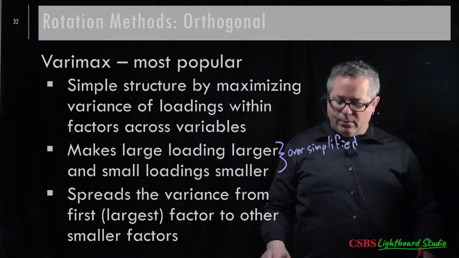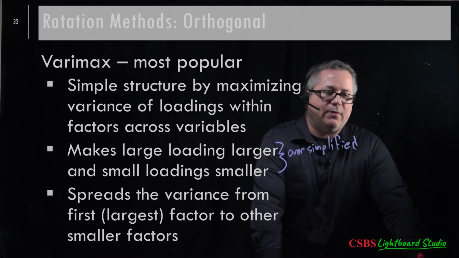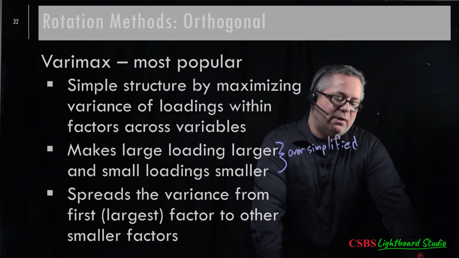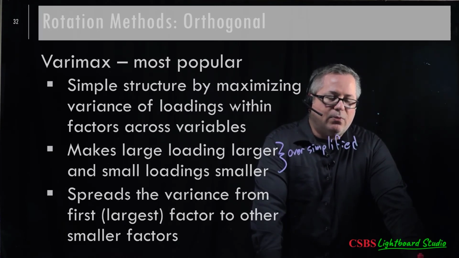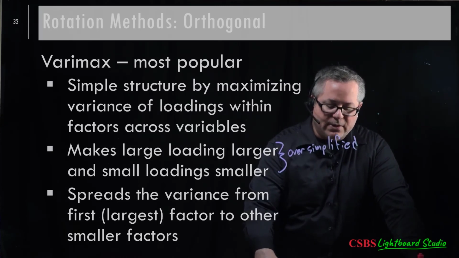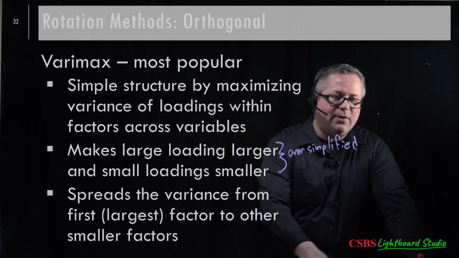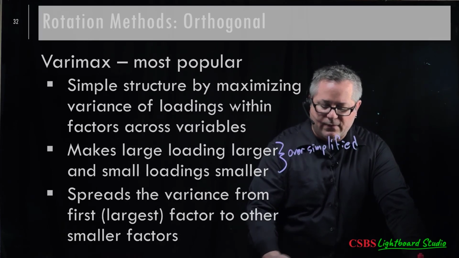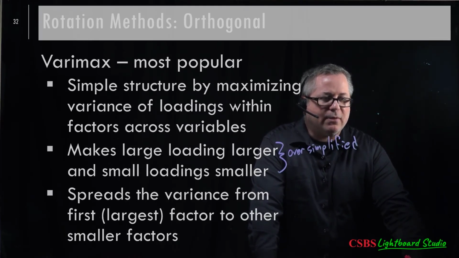When you extract, say, 4 factors, the first one's going to have the most variance, the second one the next, third next, fourth next. It's trying to take variance from those larger first couple factors and rotate in such a way where the variance can spread out and equalize or maximize the variance across those other factors by taking away from larger factors and giving it to smaller factors.